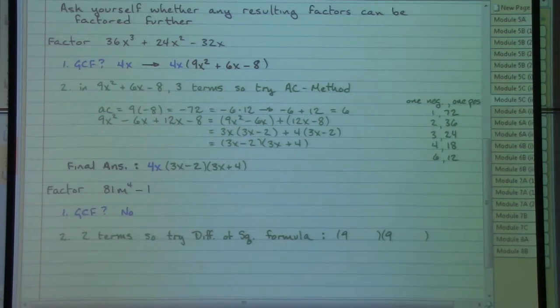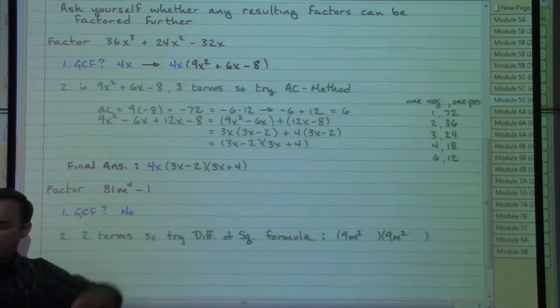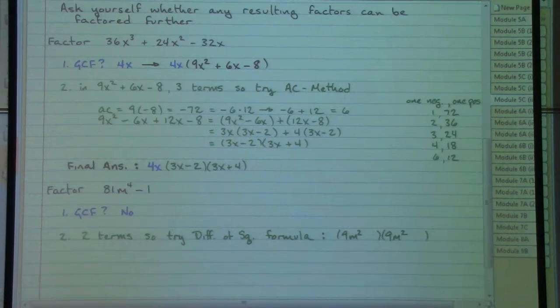Well, that's m squared. What do we square to get the second term of 1? Well, that's a 1. And one set of parentheses gets a plus sign, and the other one gets a minus sign.